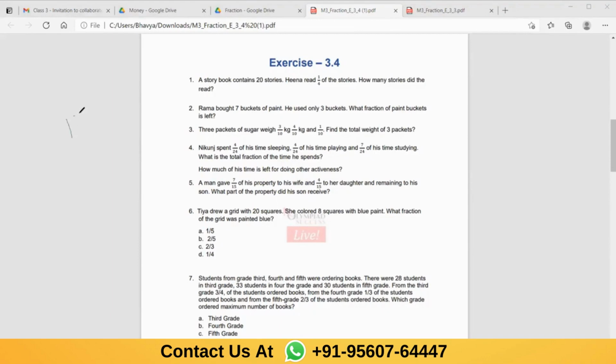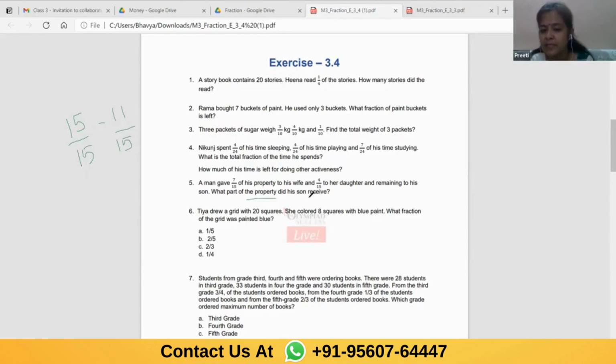So, if I write one complete whole as 15 by 15, can I do that? Because one whole is equal to 15 by 15? Yes, ma'am. So I have to write one whole as 15 by 15 and I will subtract 11 by 15 from this. And you will get the answer of how much property his son will receive.